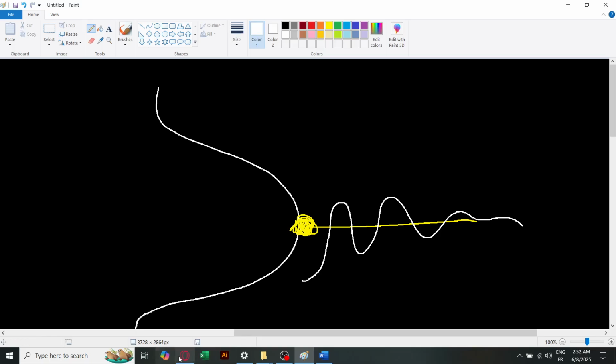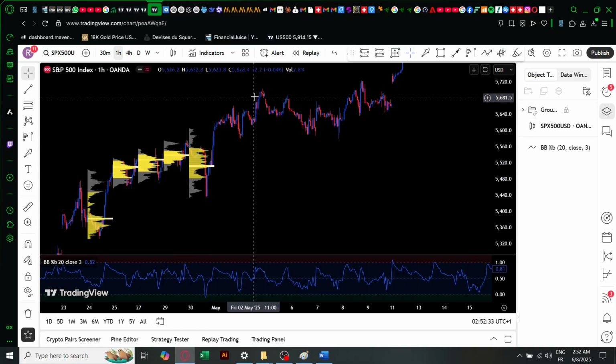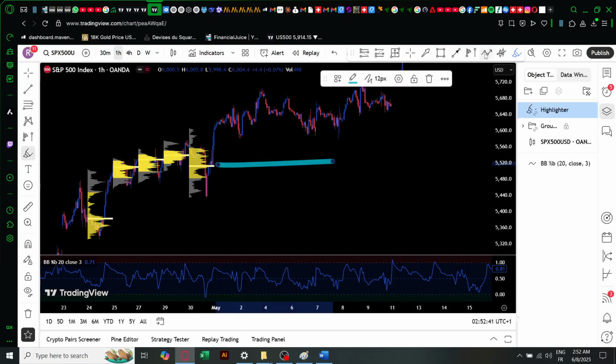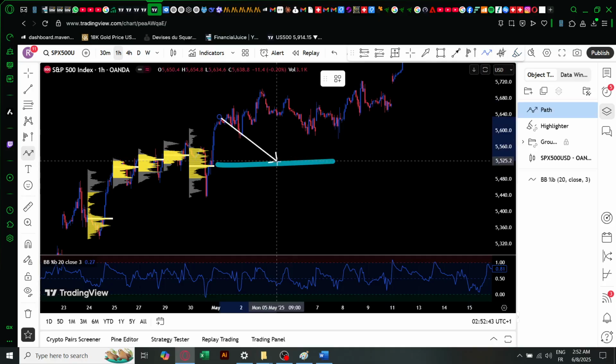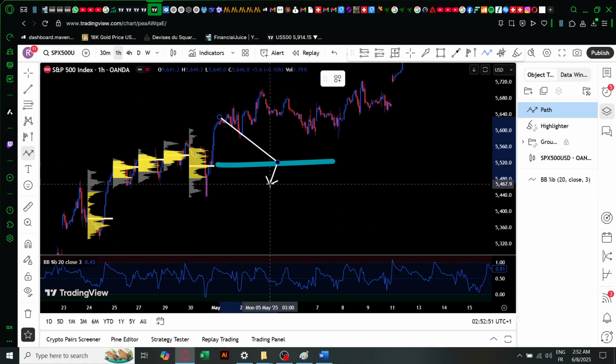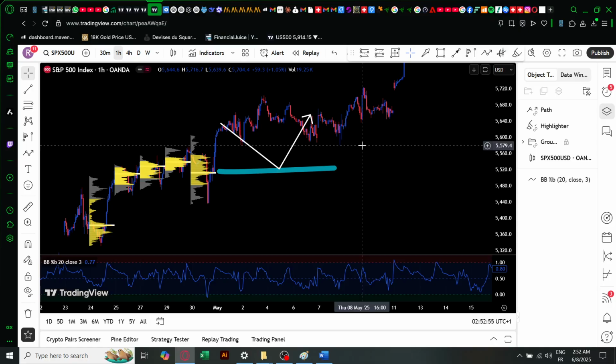So let me show you something. Let's say price is coming back to this point of control, and when it comes back to see if there is still liquidity like the past, and when there is no liquidity, then price will reject it and go up. So this is something you must know.